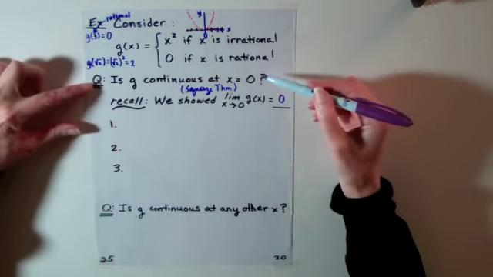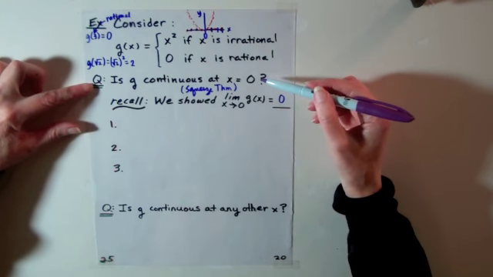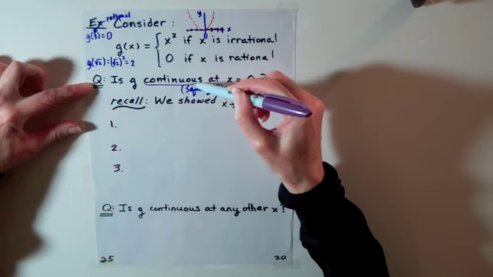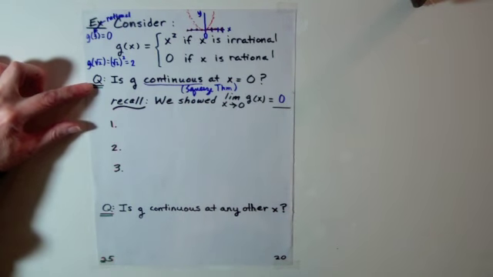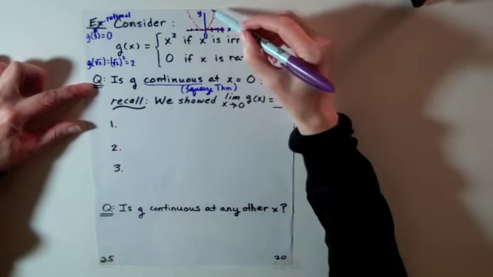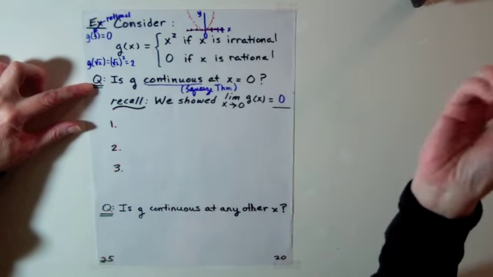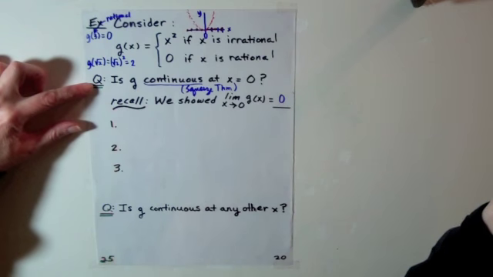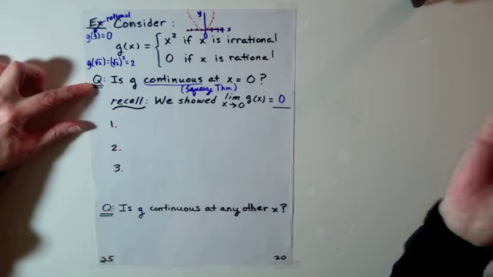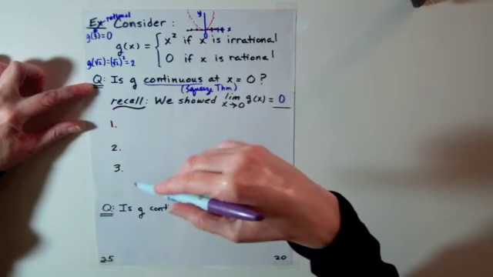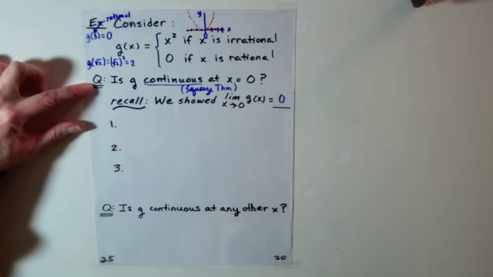Now we have a new question: is g continuous at x equals 0? You might look at this weird graph and immediately think of the intuitive definition of continuity, which says it will be continuous at 0 if I can draw the curve right through 0 without lifting my pen off the paper.